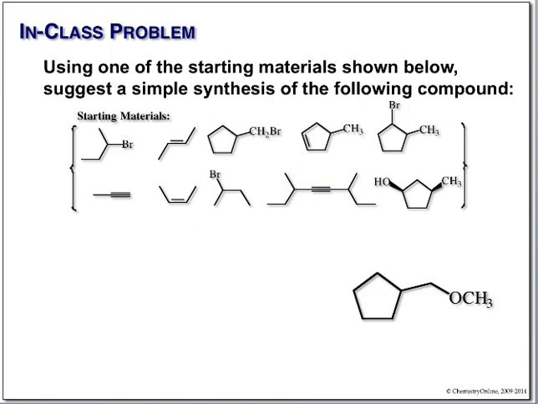Oh, it's an ether. How many ways do we know to make ethers? 1, by an SN2 reaction, right? So we need an alkoxide, and we need a leaving group here.